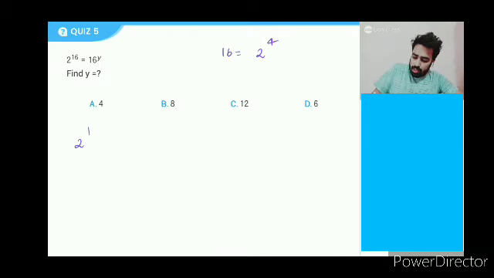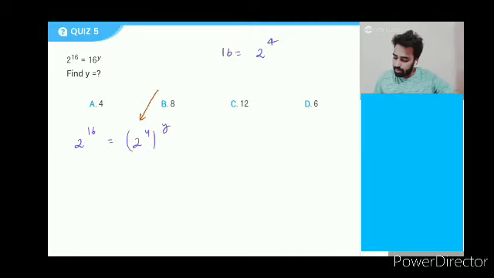So you can write it as 2 power 16 is 2 power 4 whole power y. Here you can apply the identity that you have, and in that manner try to find the value of y. Very important questions these are.